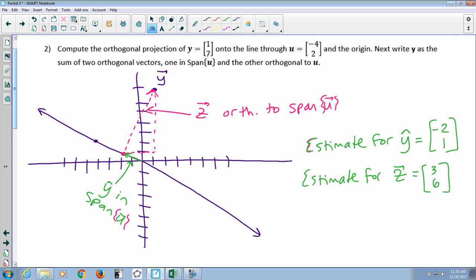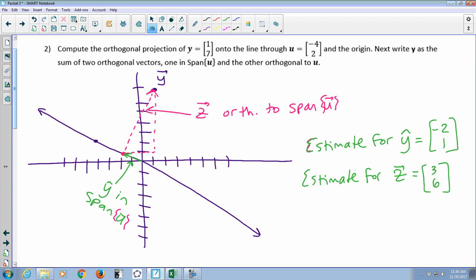Everybody see that? Okay, are those two vectors orthogonal? y hat and z? Yeah, that's good because they wanted me to come up with 2 orthogonal vectors. They are orthogonal. -2 times 3 plus 1 times 6 is 0. If I add them together, do I get my original vector 1, 7? Yes.